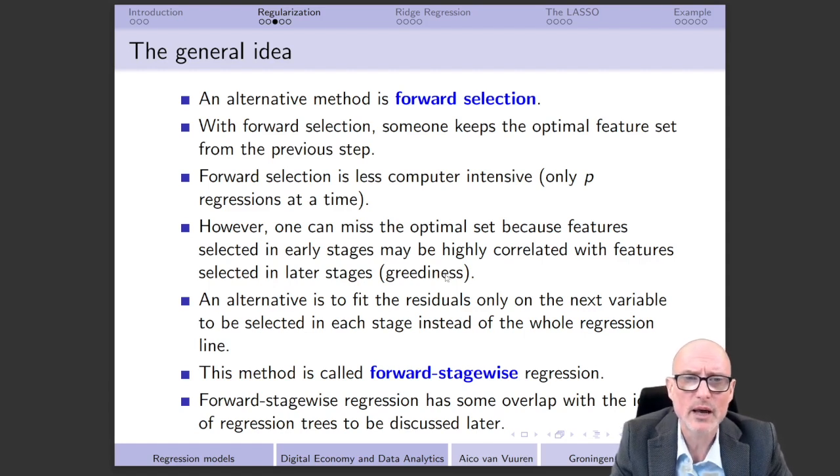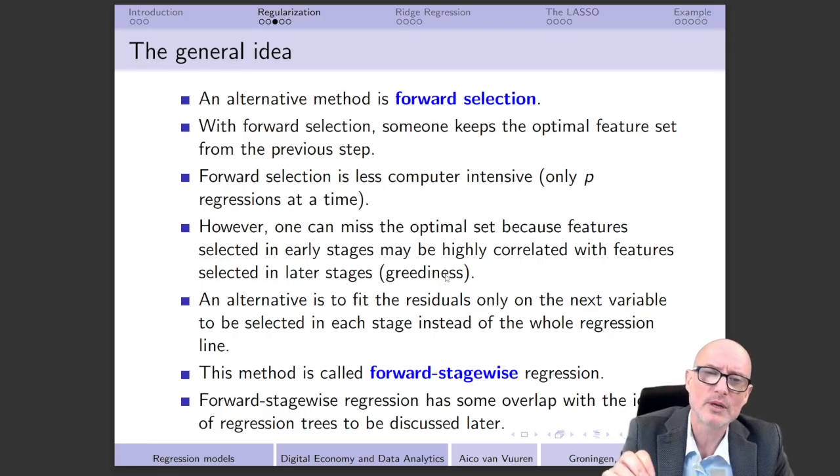But you should take into account that when we look at forward selection, it could be possible that in the very first stage, so if alpha is equal to 1, we include a particular feature. The reason we include that particular feature is simply that we can only include one feature.